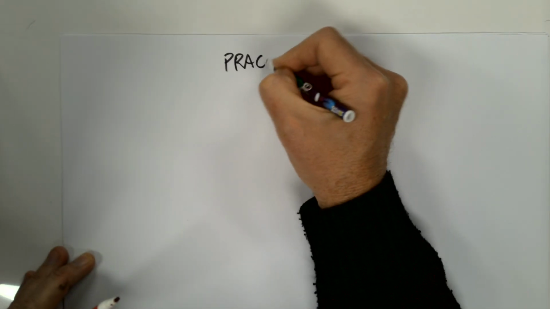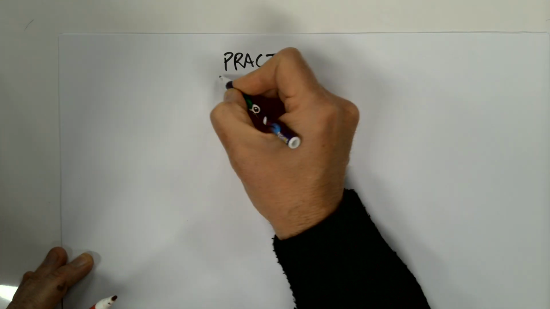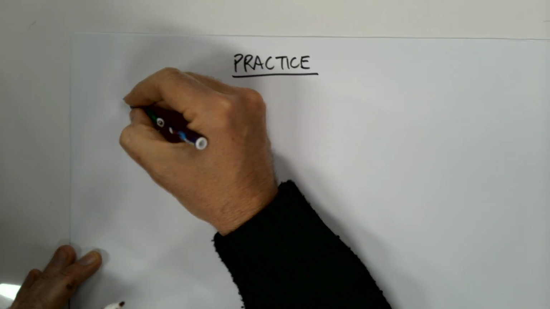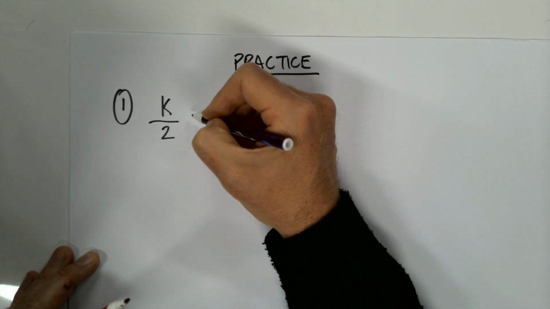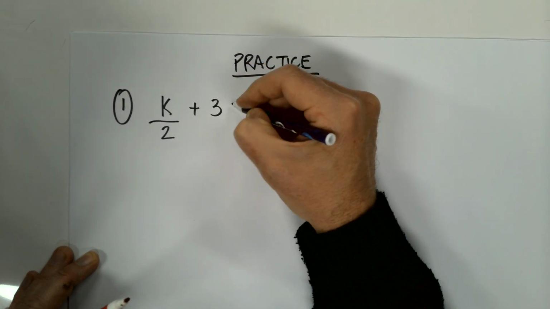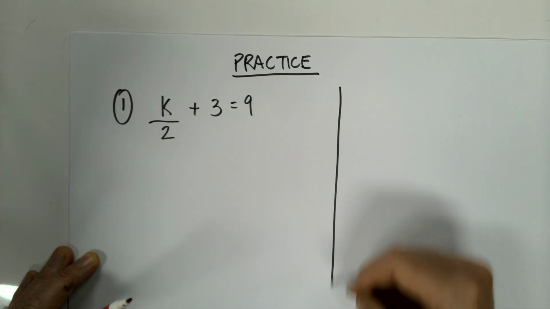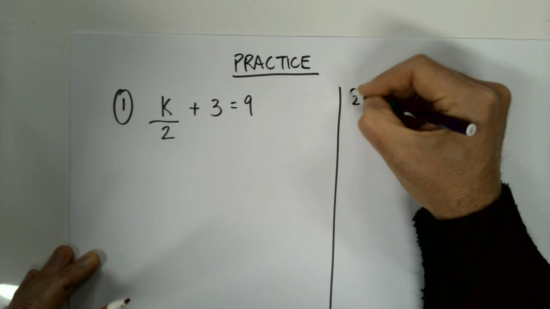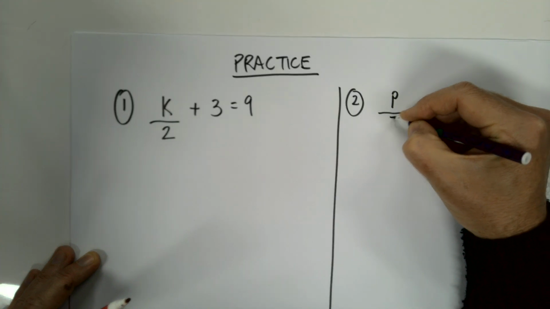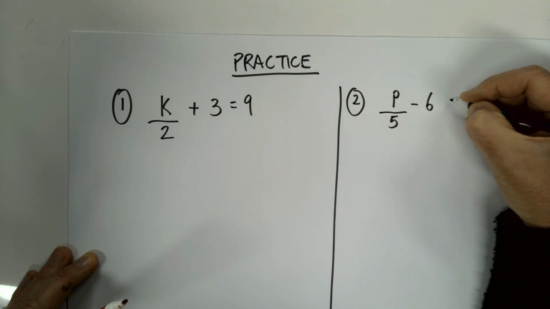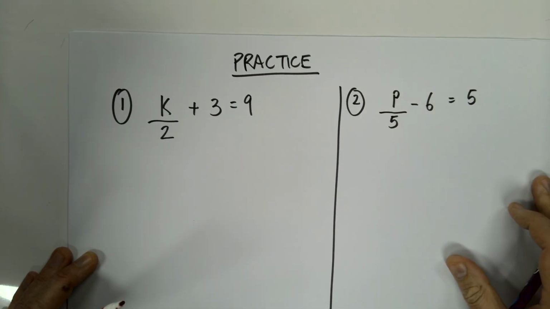Okay, so this is practice. My practice one is going to be k over 2 plus 3 equals 9. And then I'm going to have p over 5 minus 6 equals 5.